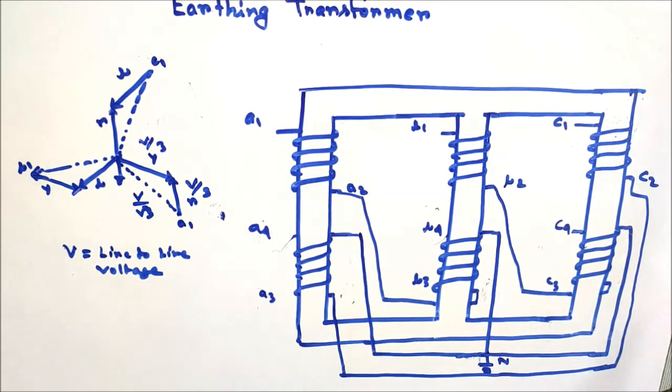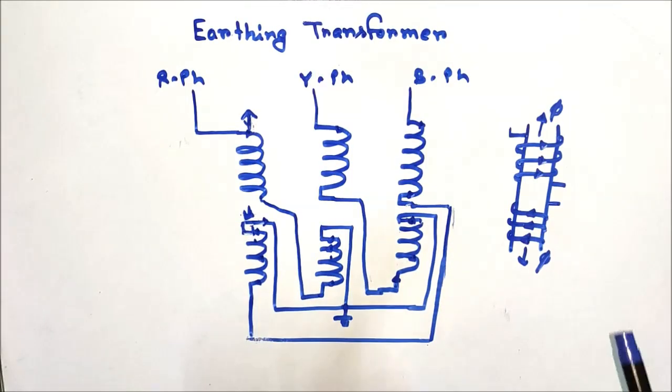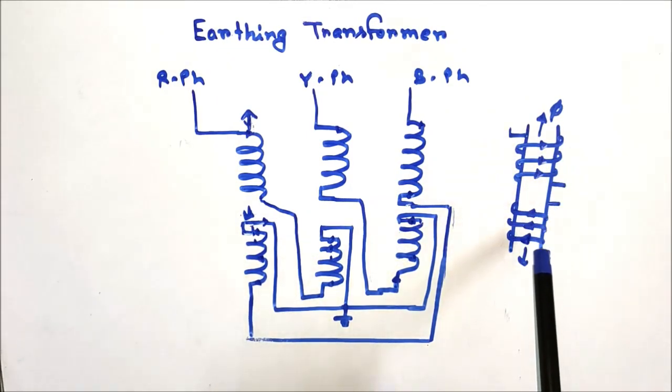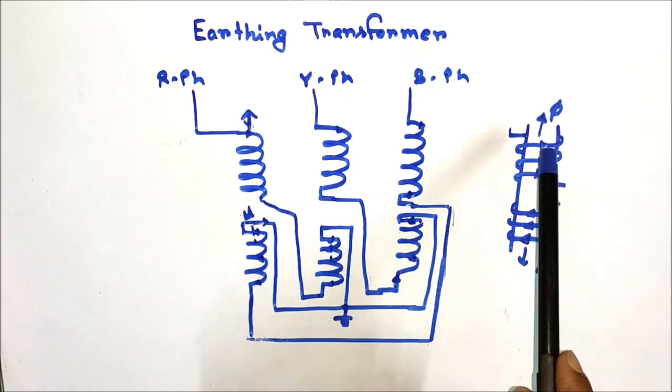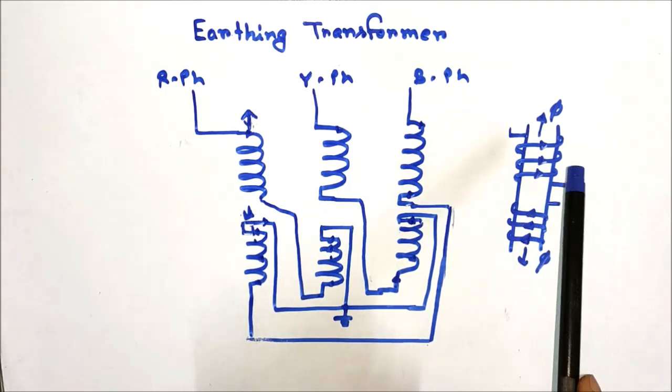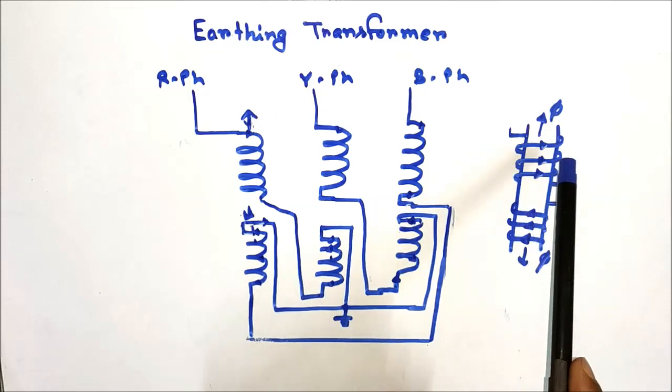Now I will discuss the working principle of the earthing transformer. Consider this is the limb of a core, and on this limb two parts of the winding are connected.